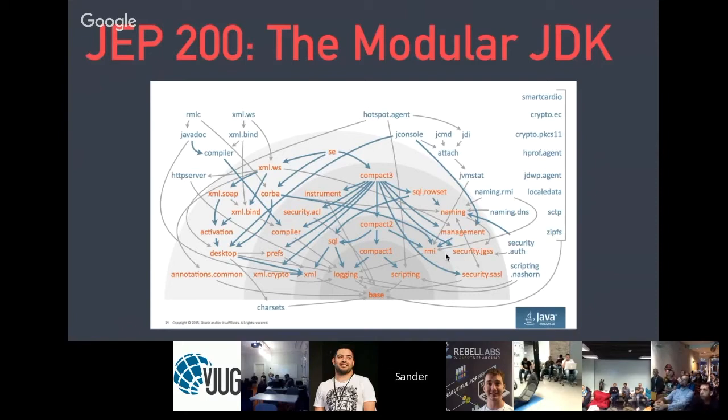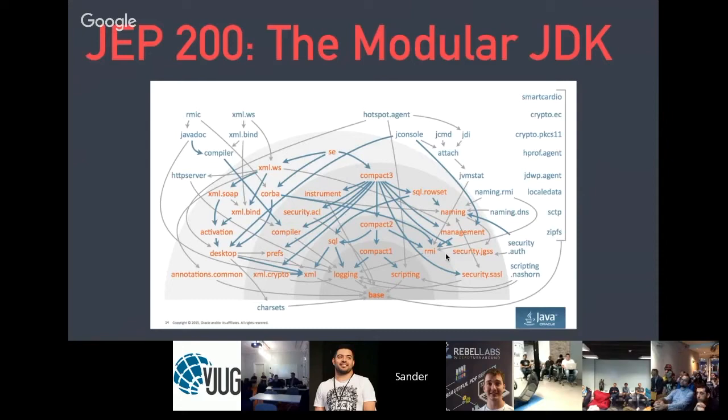Because they modularize the JDK, that also means we can look at a module graph of the JDK. And that's this picture with way too many arrows right here. But remember, the JDK is really large. There's a lot of code in the JDK. And that also means that if it's properly modularized, there's lots of modules. All the way at the bottom, we have the base module, and that's always implicitly there.